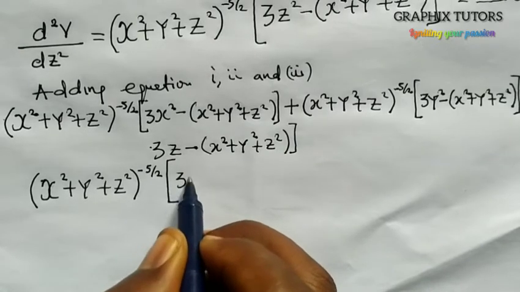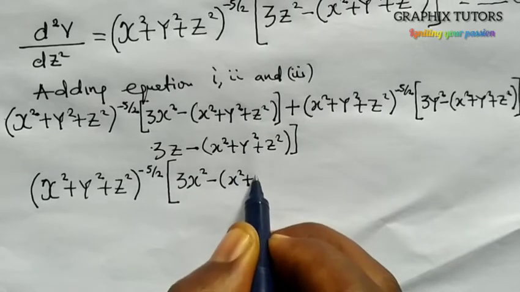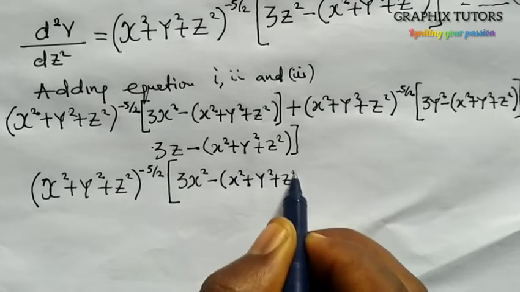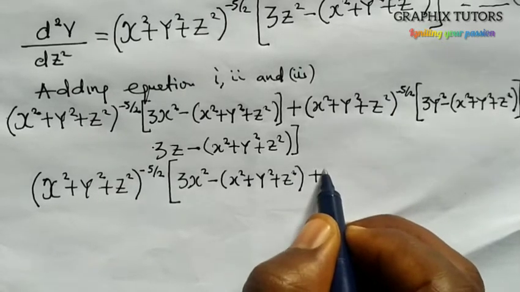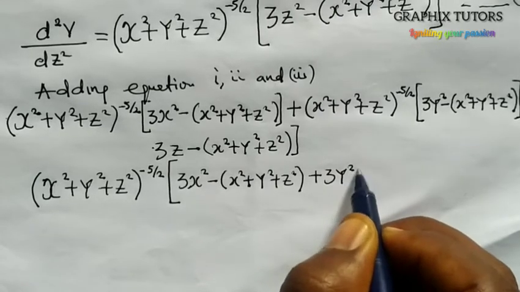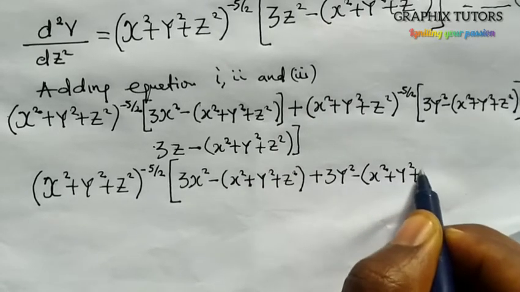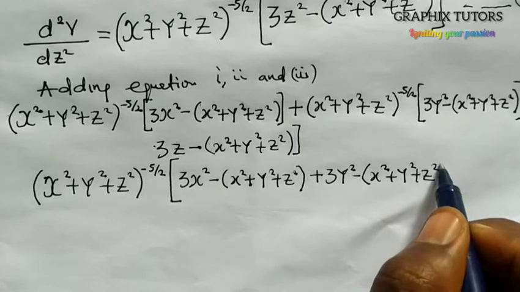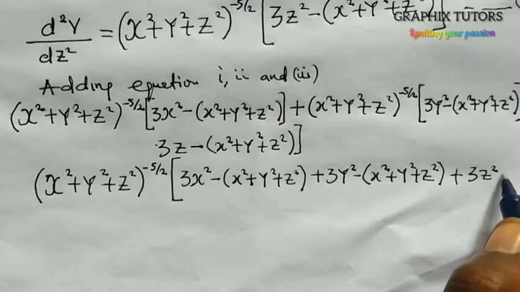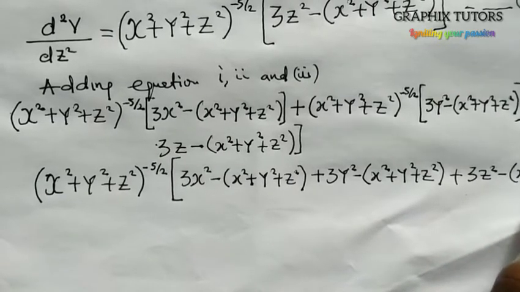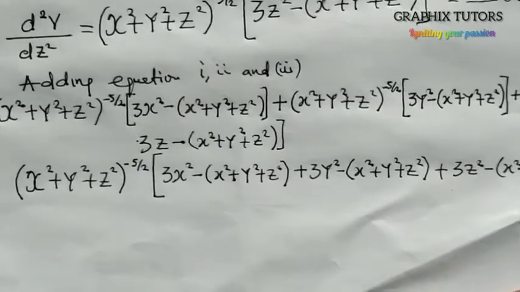I'm having 3x squared minus bracket x squared plus y squared plus z squared, I'll close it up, right? Plus 3y squared minus bracket x squared plus y squared plus z squared, close brackets, plus 3z squared minus x squared plus y squared plus z squared. I'll close it up.